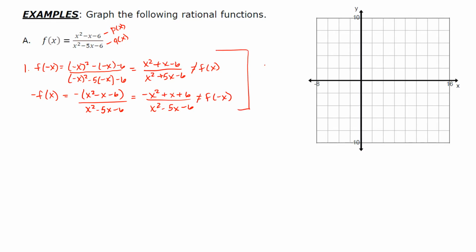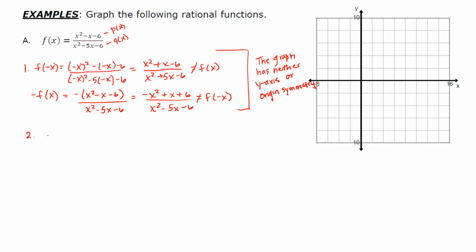So that means the graph of our function has neither y-axis nor origin symmetry. So it's neither even nor odd.